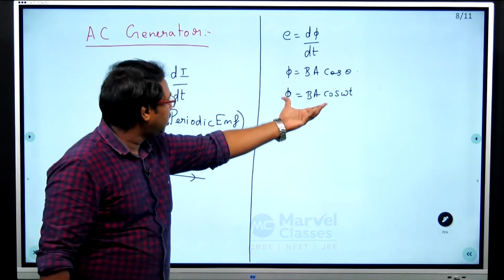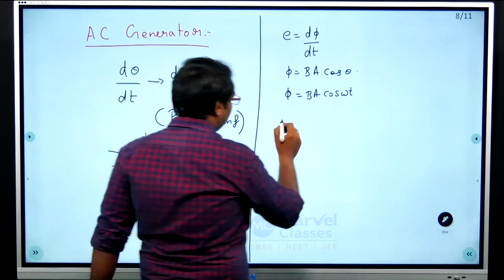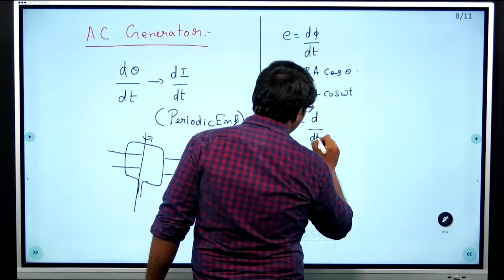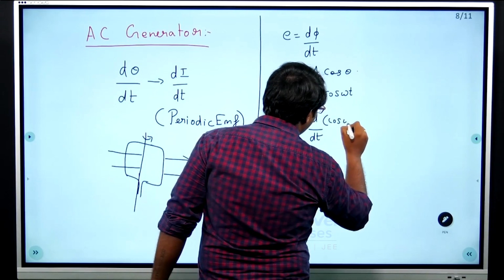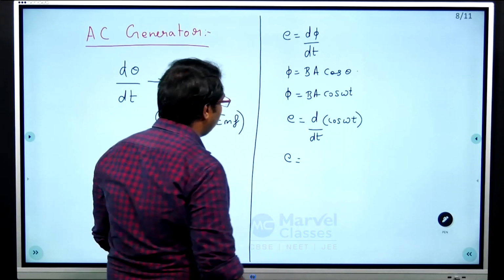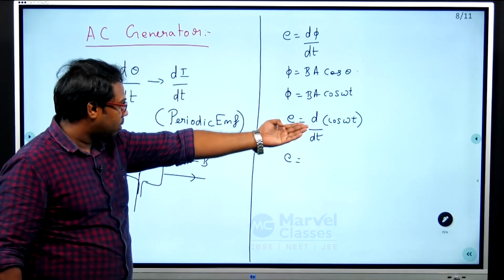Now I will resubstitute the whole thing, where E is equal to d by dt of cos omega t. And if I differentiate the whole thing, what happens?